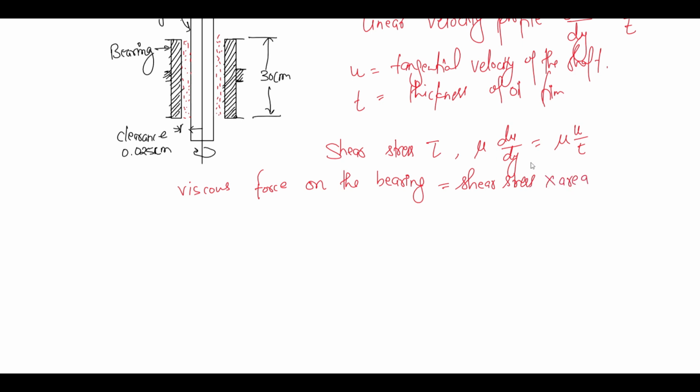Shear stress is mu u/t and area is 2 pi r l, since it is cylindrical, where l is the length.